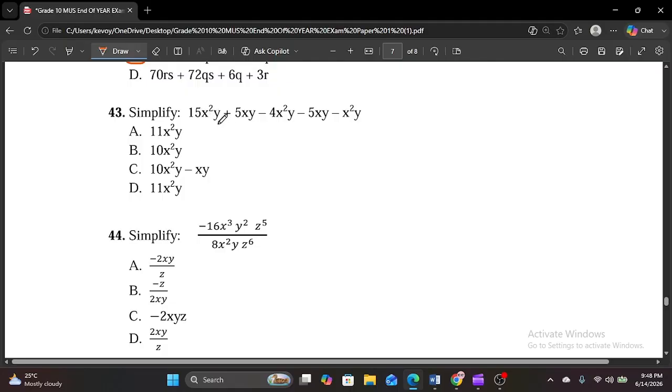So that's going to be 15x squared y minus 4x squared y, and we have a minus x squared y as well, minus x squared y, and then after that we have these following like terms.